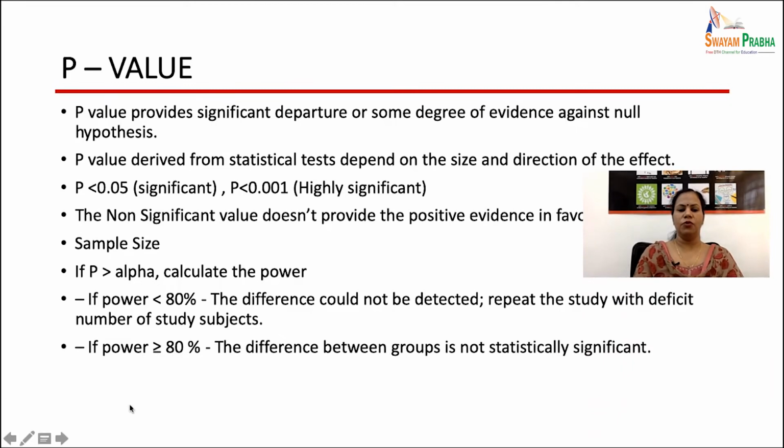But if power is more than or equal to 80% and the difference between groups is not statistically significant, then it depends upon your results that the difference between groups may not be statistically significant. So you need to see that power should always be at least 80%. If you are increasing or decreasing it, it can sometimes result in errors in your findings.